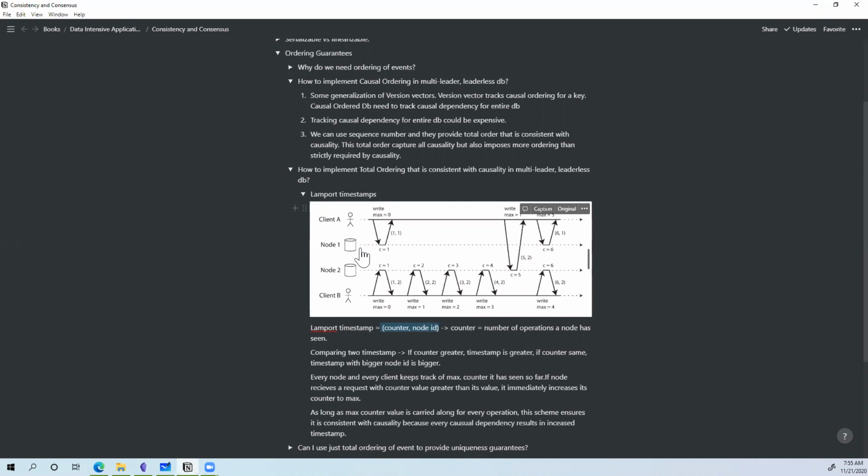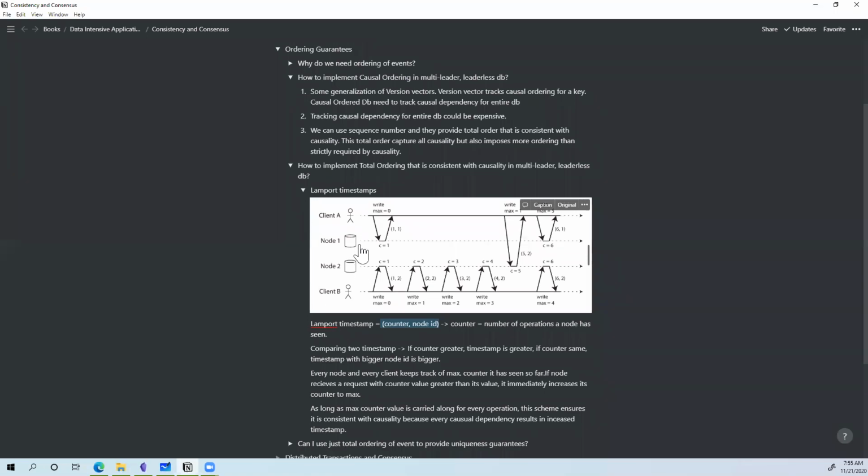So initially both the nodes have seen 0 operations, right? These nodes have not seen any operation. The nodes will maintain how many operations they have seen, and the client also needs to know how many operations that node has seen. So initially, when we start, both of them have 0.